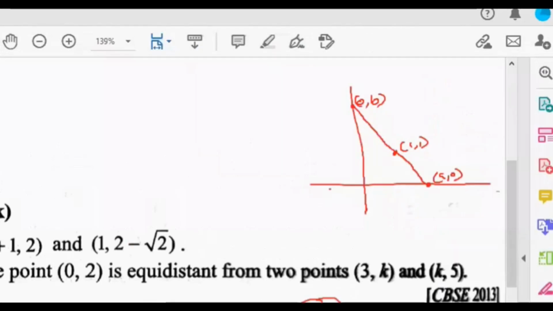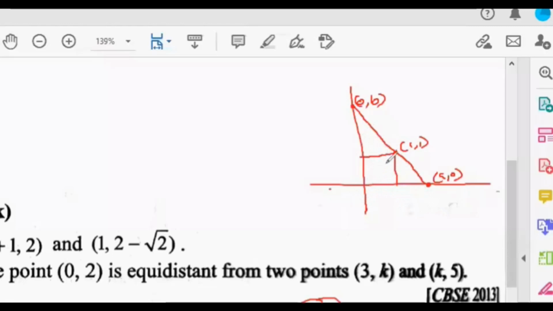The same idea you can apply here. From the point (1, 1) I draw one line to the y-axis, parallel to the x-axis, and one line perpendicular to the x-axis, which will be parallel to the y-axis. Two lines I shall draw here.